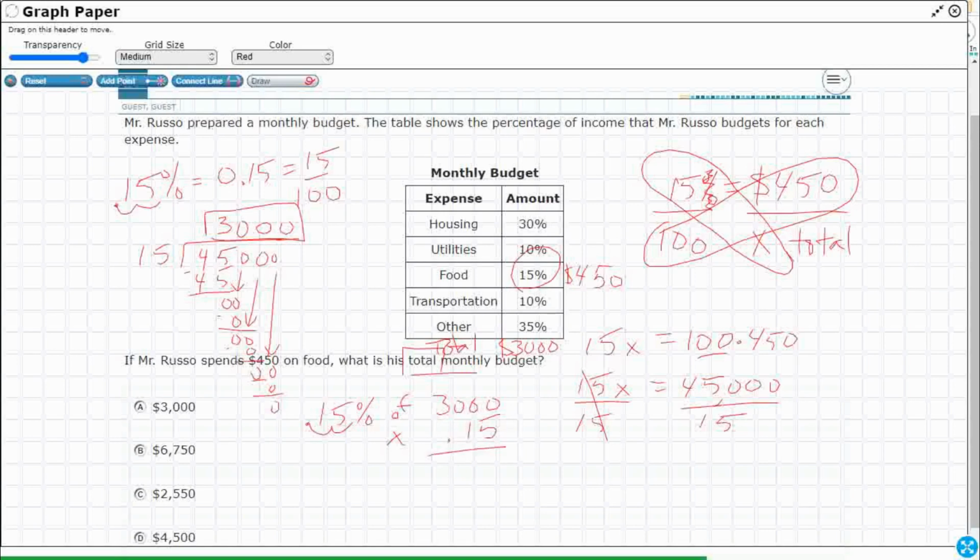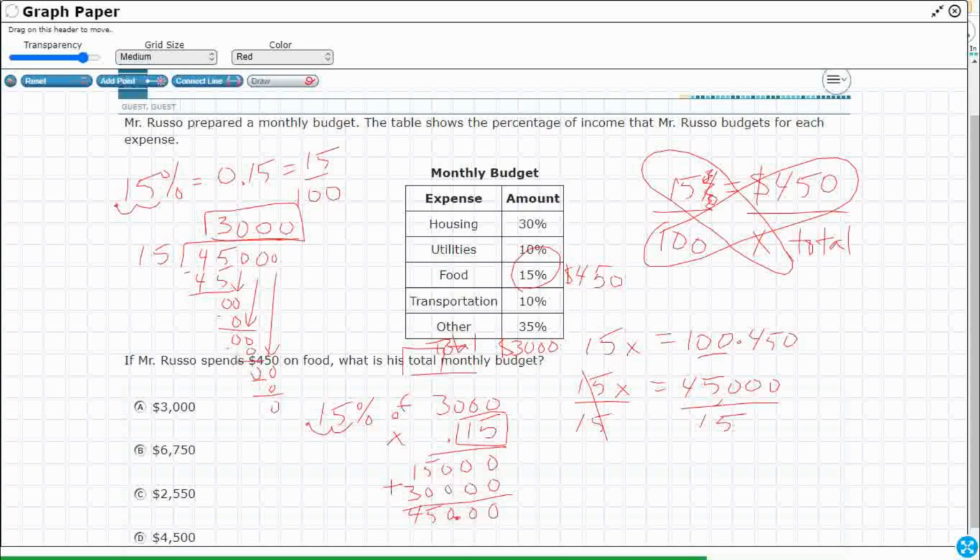See if I get back to that 450. 0, 0, 0, 15. Then I've got 0, 0, 0, 3, add it up, there's my 45, 3 zeros, and I've got 2 digits behind the decimal, so I need 2 digits behind the decimal right there, and there we go, look at that, 450.